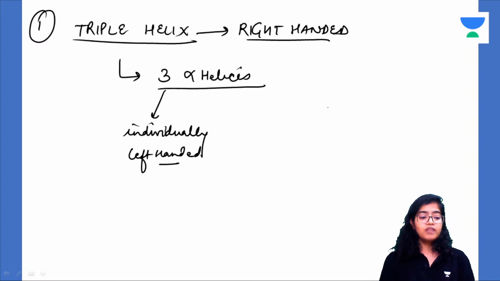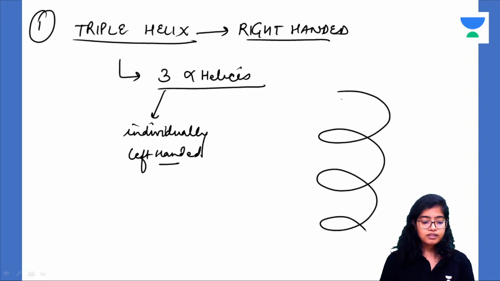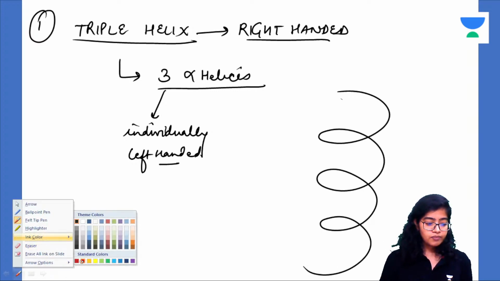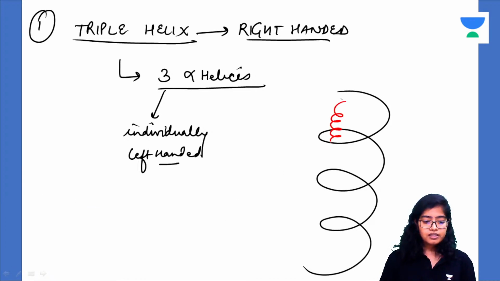Can you see that this structure is right-handed like this, and the individual helices are left-handed?